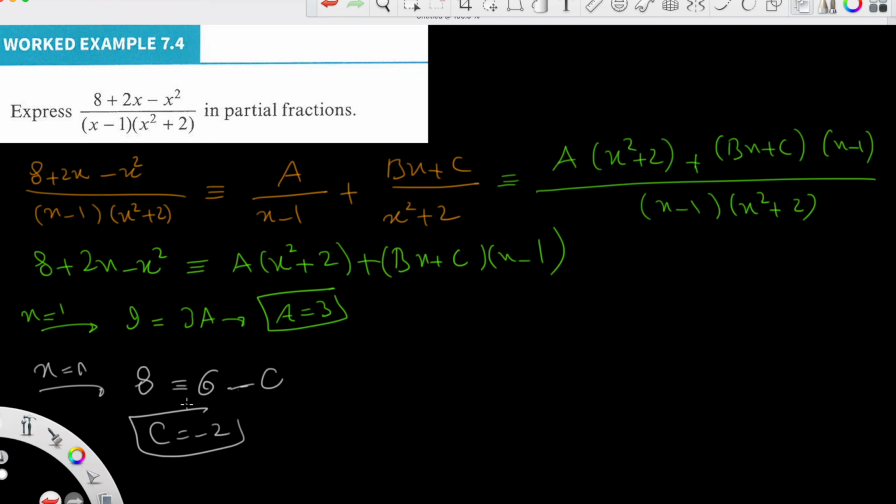In order to find b, we have chosen 1 and 0, so let's replace an optional value like x negative 1.